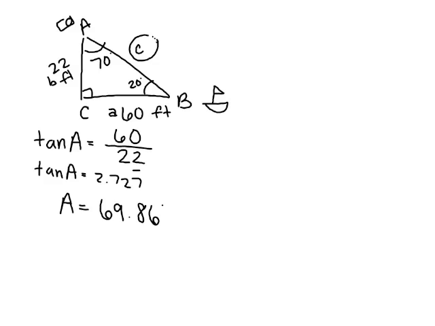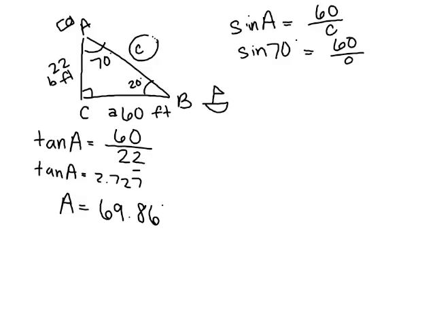Eric, tell us how you're doing it. Okay, sine of angle A. Sine equals opposite over hypotenuse. So opposite, 60 feet, over the hypotenuse. Angle A is a 70-degree angle, and I need to get C alone.